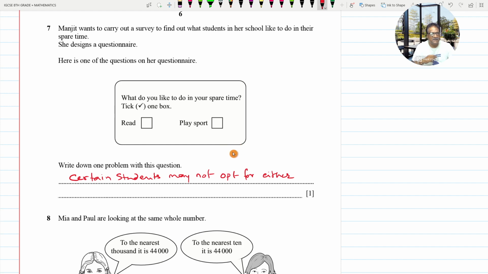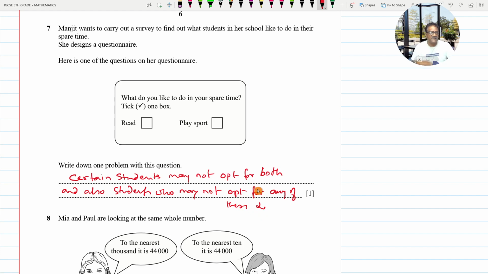Okay, not opt for both, because the questionnaire says that you have to put a tick mark in only one box, not for both. And another possibility is there may be students who may not opt for any of these two. Okay, so this is a problem.